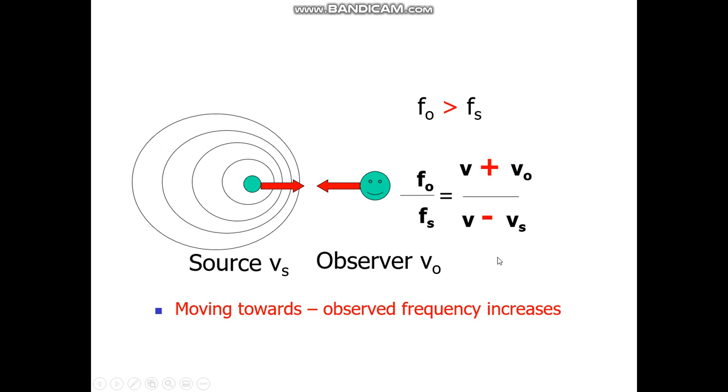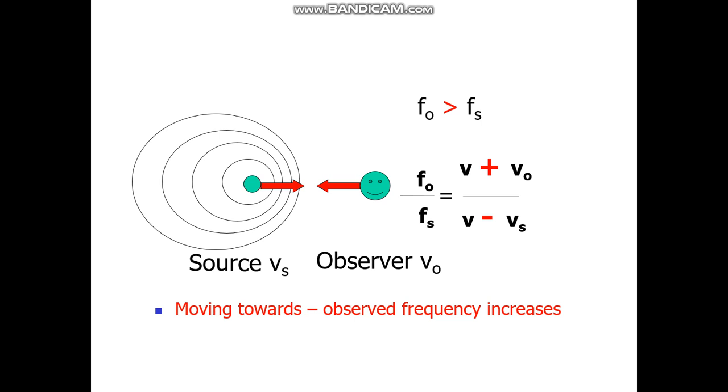Okay, so let's change up the situation a bit. Let's say that there is relative movement between the source and the observer, where either the source is moving towards the observer, shown by this red arrow, or the observer is moving towards the source, shown by this red arrow. Now, either of these situations will have exactly the same effect. They will cause the perceived frequency observed by the observer to be higher than what it actually is.